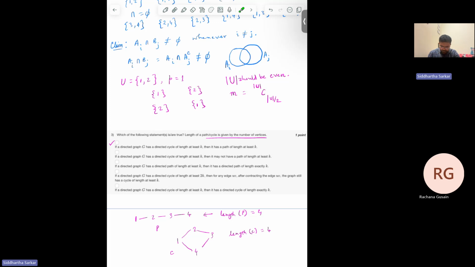So for example, here is a cycle of length 4. So 1, 2, 3, 4 back to 1. This is a cycle of length 4.